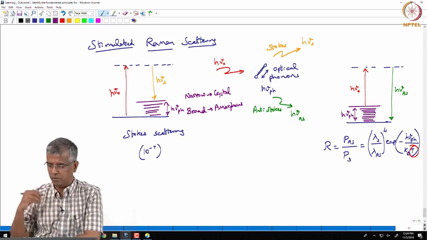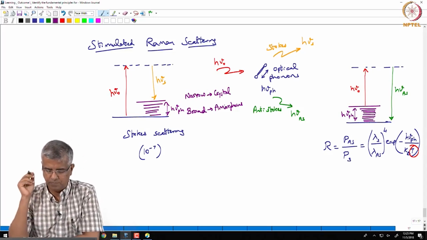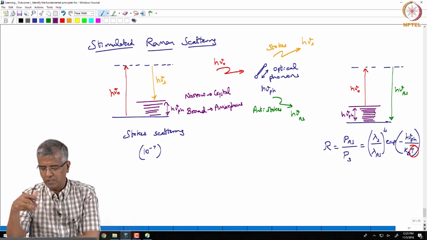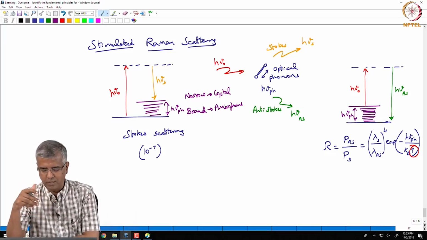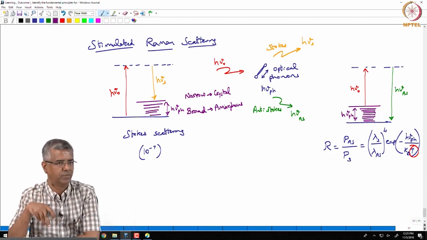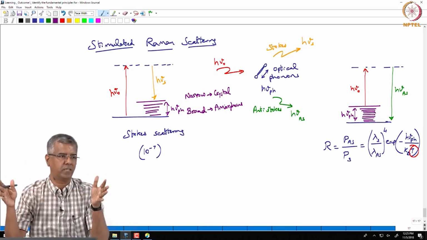So by observing this Raman scattered radiation, if the phonon spectrum is broad, then that h nu S can end up in any one of those energy levels. So that h nu S is a broad spectrum.